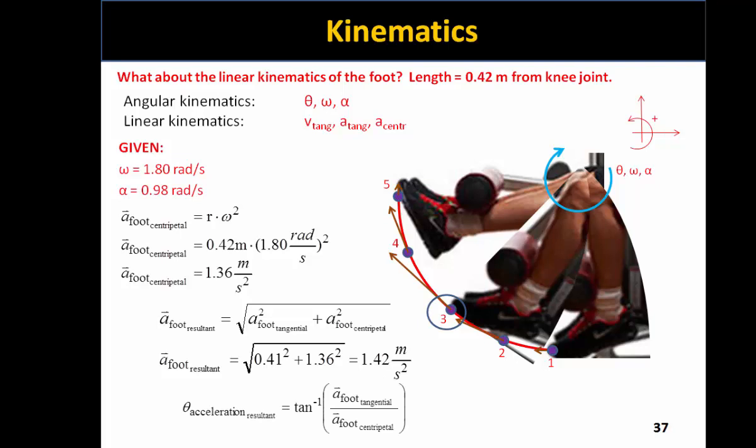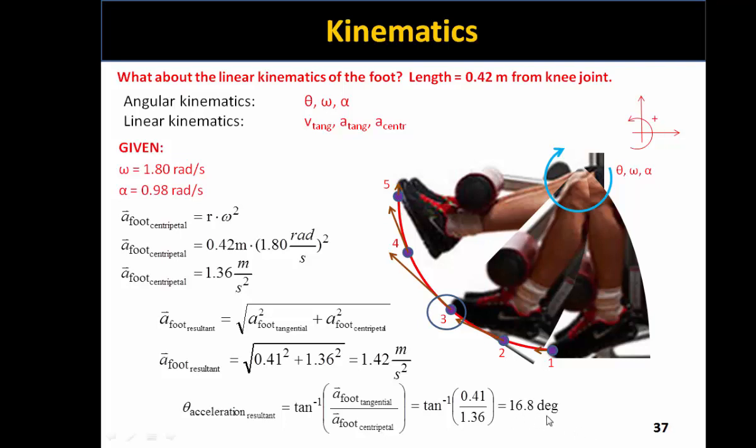And that resultant also has an angle with respect to the rotating segment defined by the arctangent of the ratio of the tangential vector magnitude divided by the centripetal vector magnitude, and that gives us a value of 16.8 degrees.